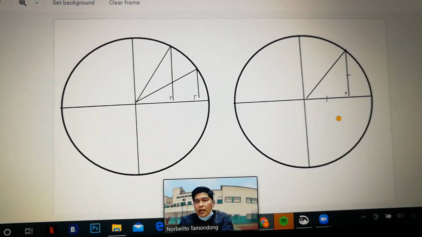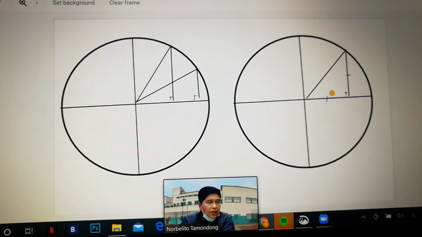Okay, on the other circle, as you notice, this is divided again into 4. So one part is 90 degrees. And if we divide the 90 degree angle into 2 congruent parts, it follows that you will find here a 45 degree angle.